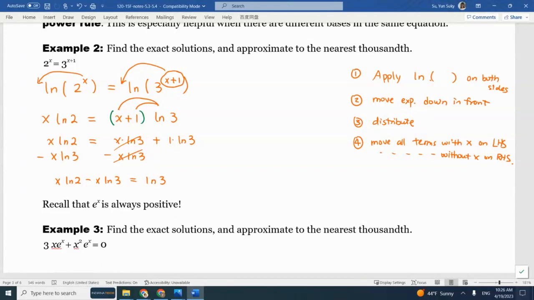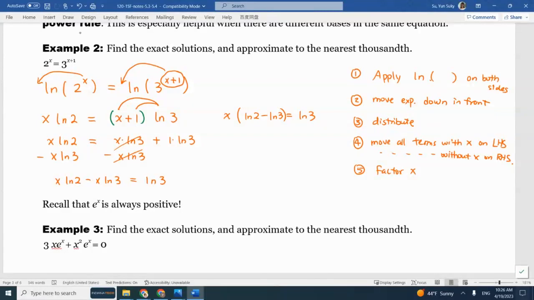Do you see on the left hand side, we can factor x? So we factor the x. So we get x times what? ln 2 minus ln 3 equals ln 3, right?